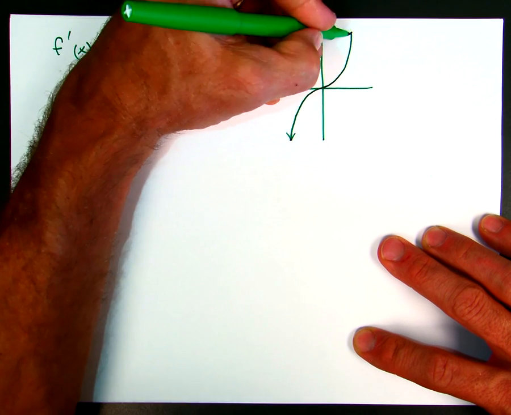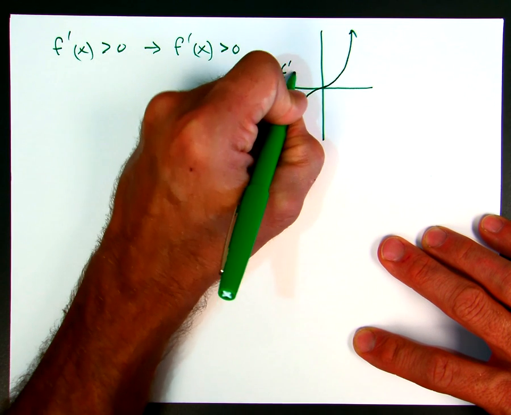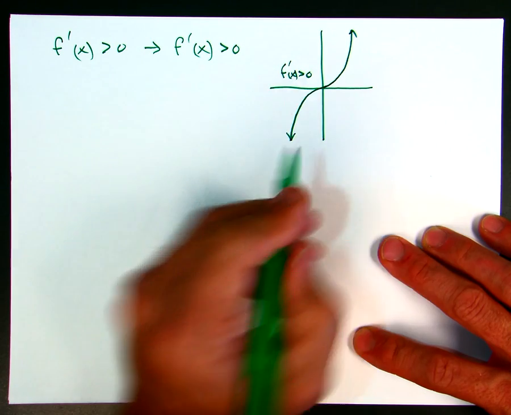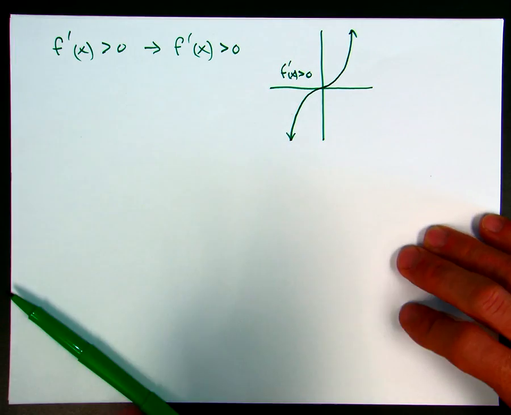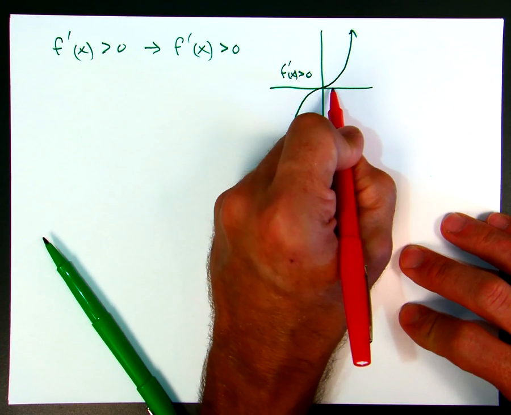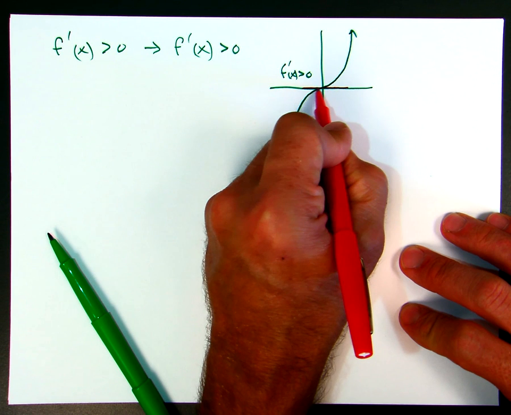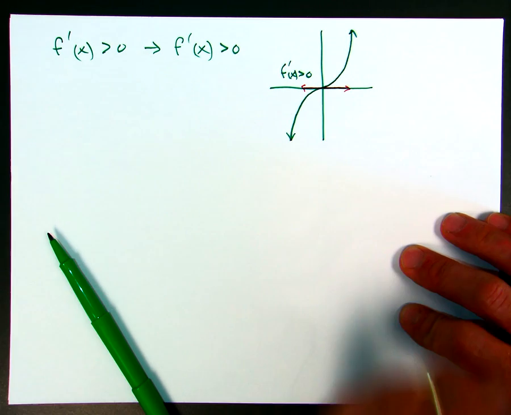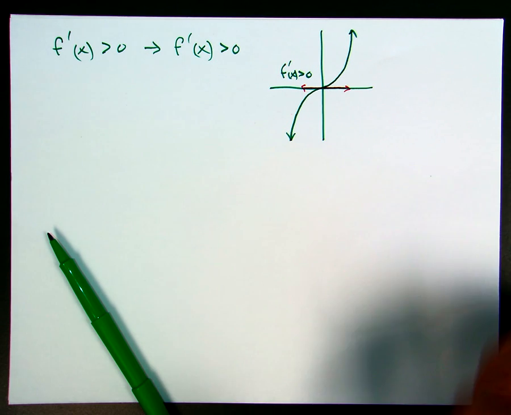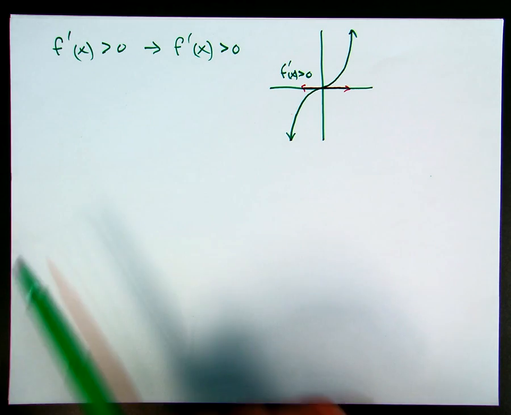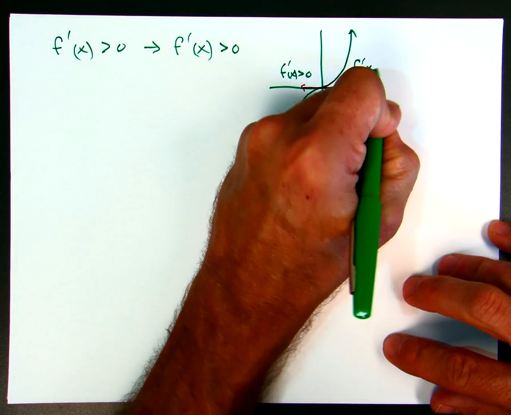All right. So here we see that the function is increasing over here. It flattens out, right? I may have not drawn it well enough to see that, but it flattens out right at 0. We have a horizontal tangent line. And then you get to the other side, and it's still increasing.